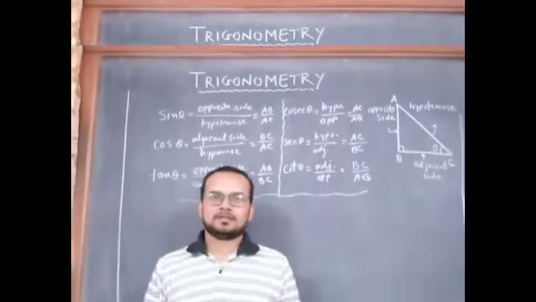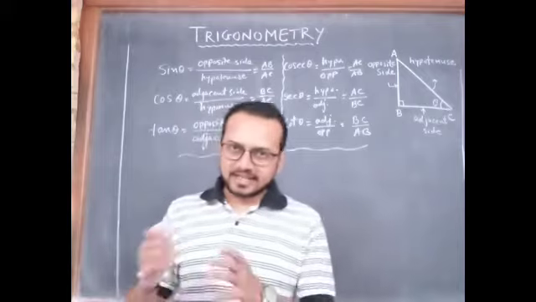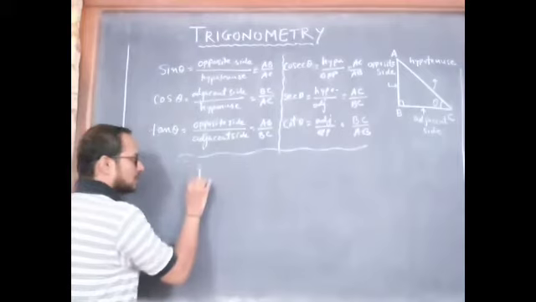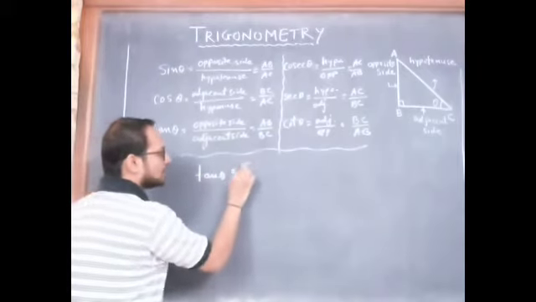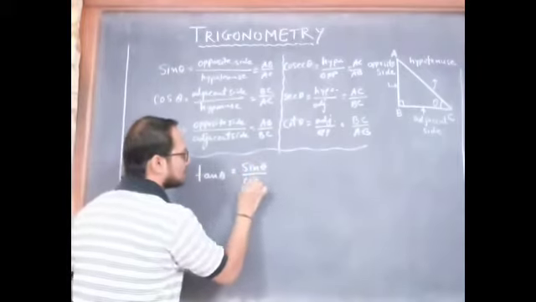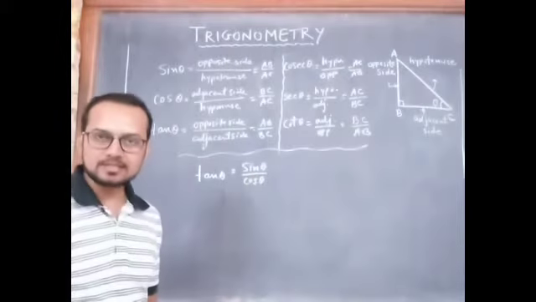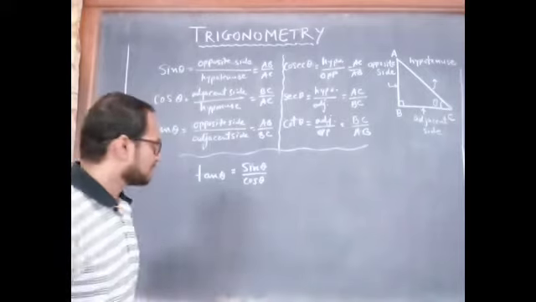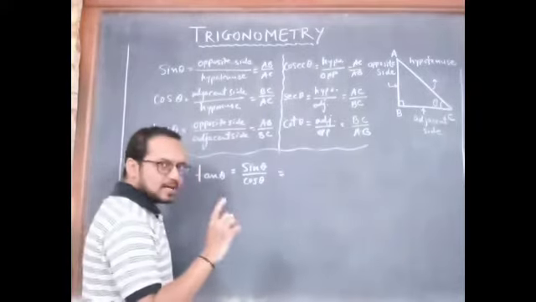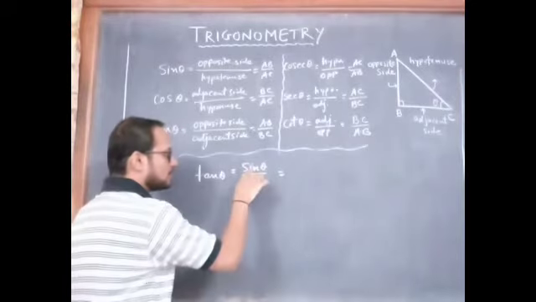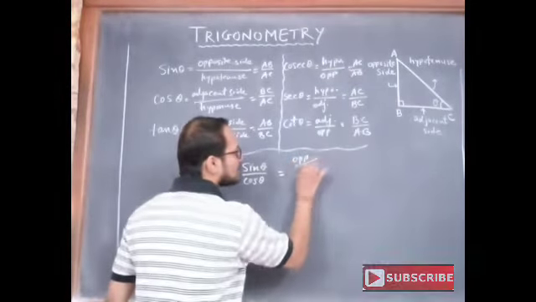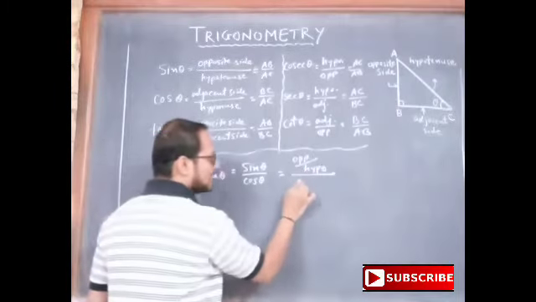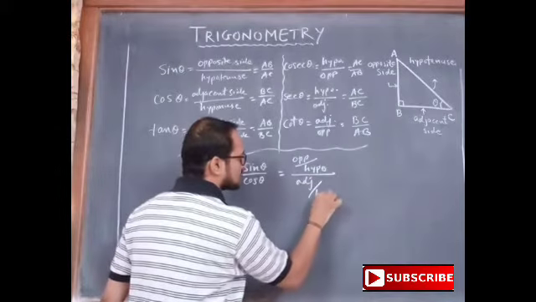Students, we have one more relation of tan theta with sin and cos. Now let us see that relation. Tan theta is the ratio of sin theta to cos theta. So we can write that tan theta equals sin theta upon cos theta. We have a very small proof for this. As we know, sin theta is the ratio of opposite to hypotenuse, so sin theta equals opposite side upon hypotenuse, and cos theta is the ratio of adjacent side to hypotenuse.